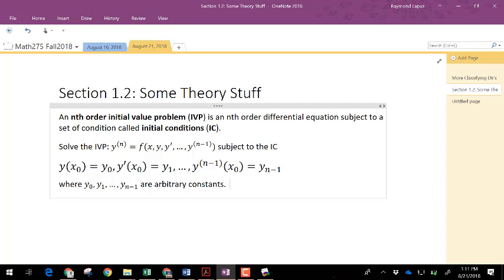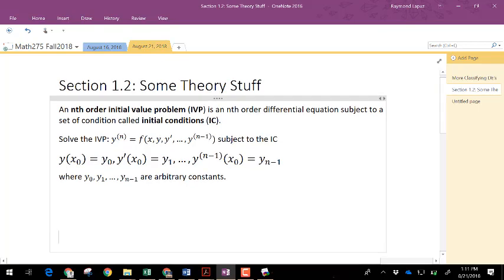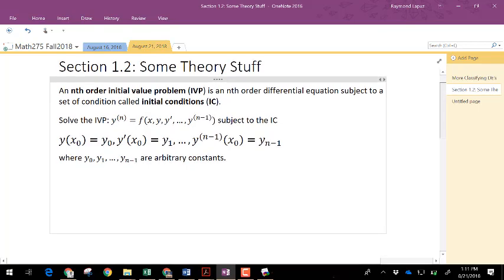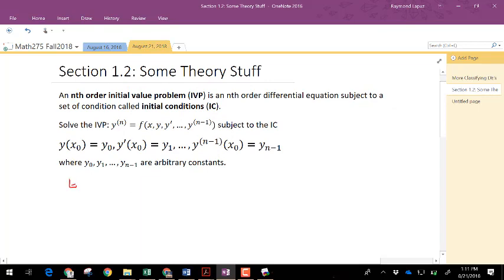And let's use a Calc 2 example. Equations of motion.